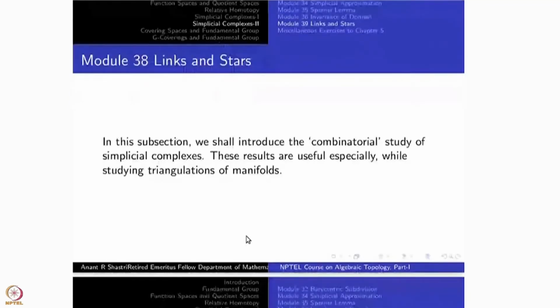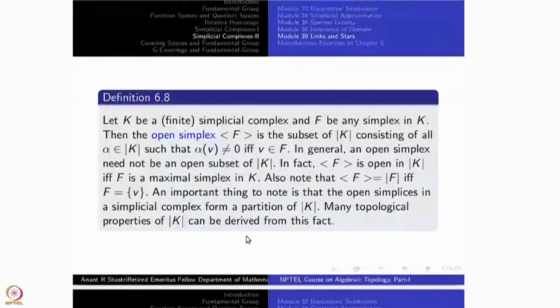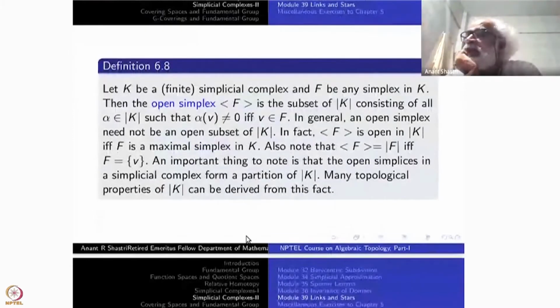So, for this study to begin with, you can just concentrate on finite simplicial complexes to get a hold on what is going on, okay? But all the definitions and all the results, except when I state it clearly, they are valid for any simplicial complex.